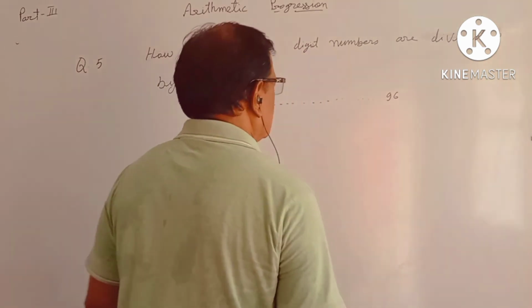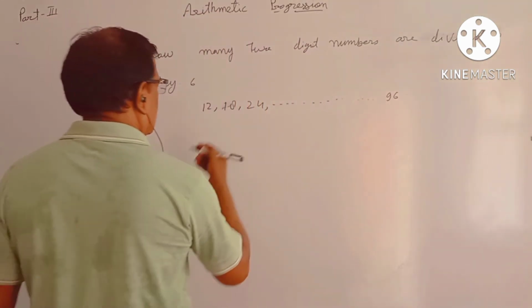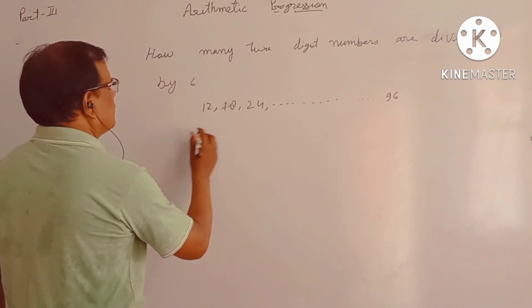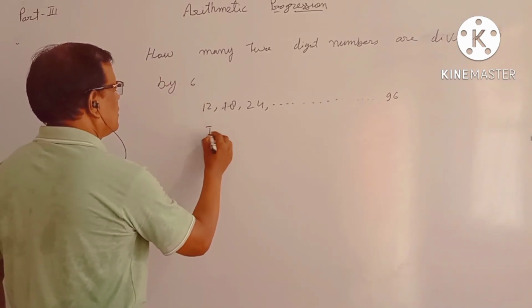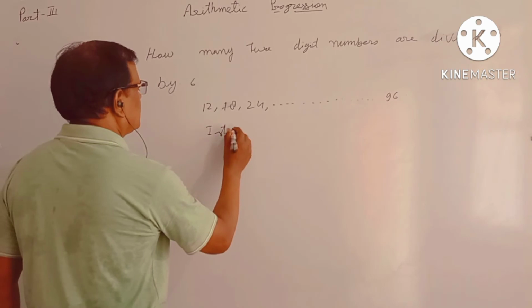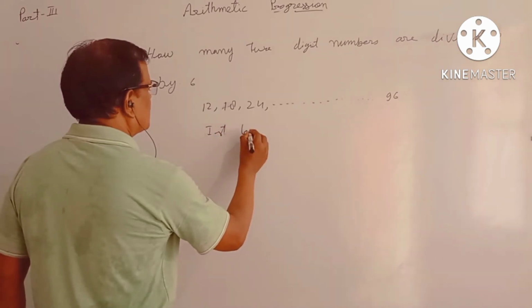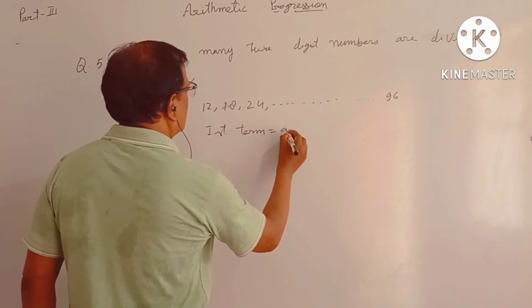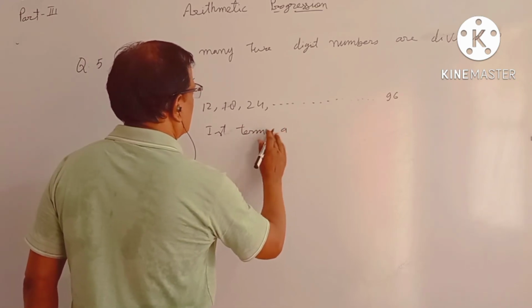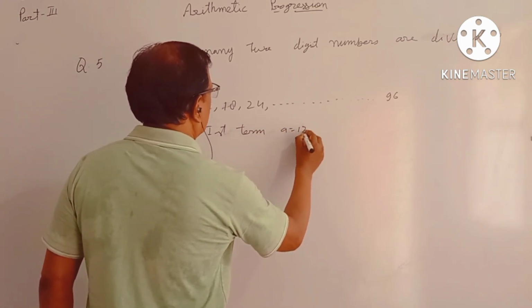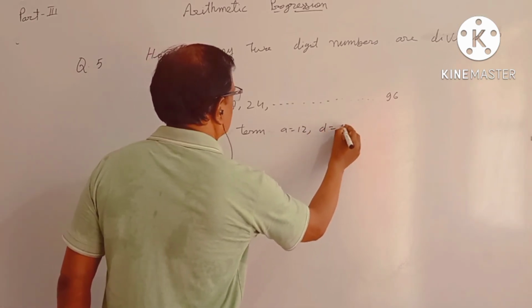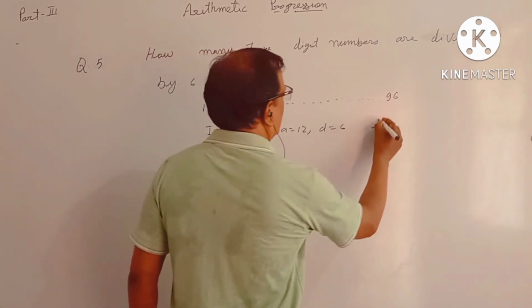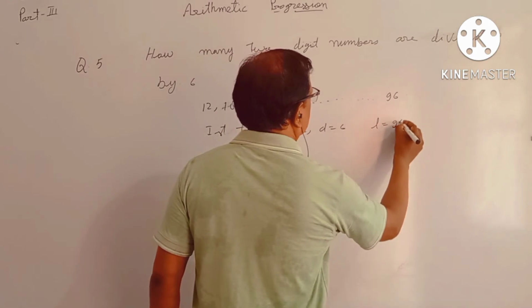So, let's write here: the first term A is equal to 12, D equal to 6 and L equal to 96.